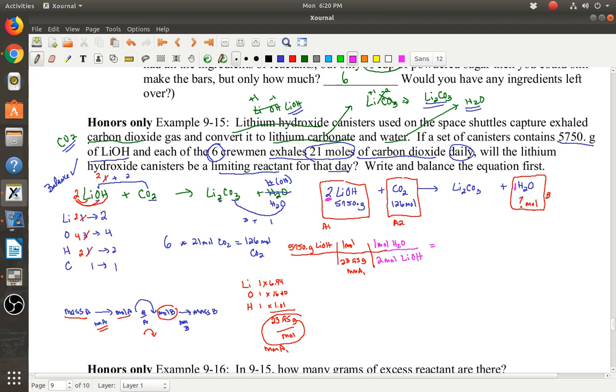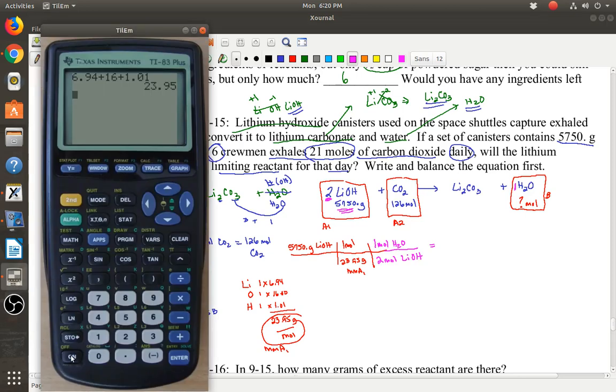And that will tell you how many moles of water are created if I start with this amount of lithium hydroxide. All right, let's do the math again. 5750 divided by 23.95, divided by 2 because the 2 is on the bottom. So I got 120.04.